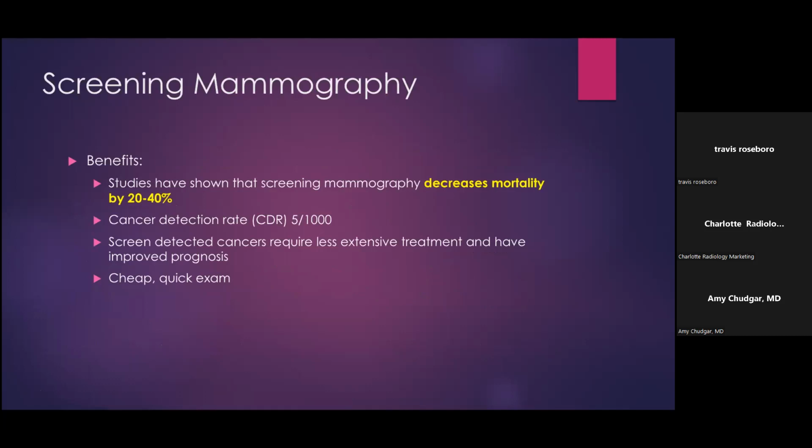So the goal of screening is really to detect cancers while they are small and before they are palpable or symptomatic. So that essentially translates to detecting them at an earlier stage while they are still small and before they have metastasized. And this results in less extensive treatment and improved prognosis. Screening mammograms are cheap and they are a quick exam.